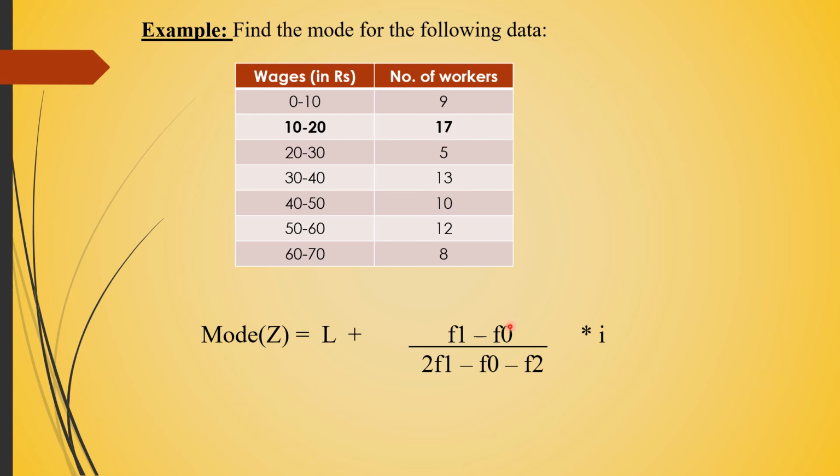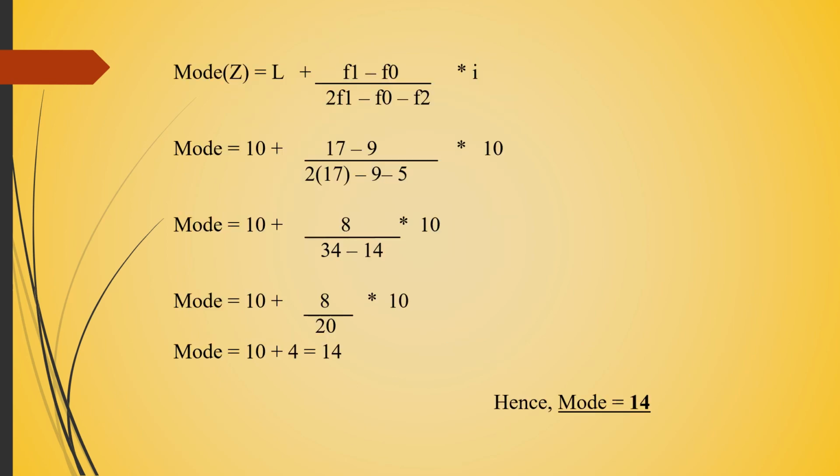F0 will be the frequency preceding the modal class, which is 9, and F2 will be the frequency succeeding the modal class, which is 5, and I is the length of the modal class, which is 10. So putting in the formula of mode, L plus (F1 minus F0) upon (2F1 minus F0 minus F2) into I, and by solving we get mode as 14.